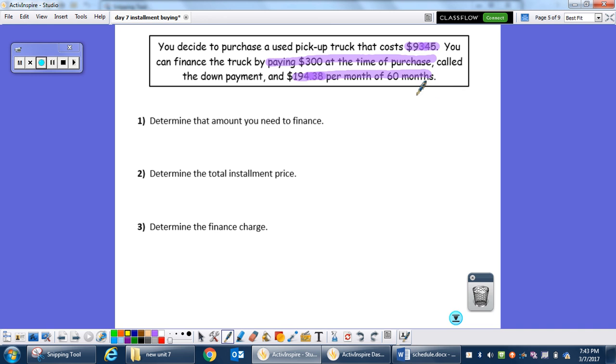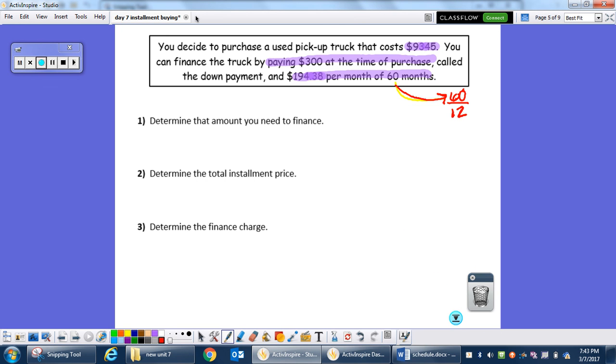So a lot of times car loans are for 5 years. So if we want to figure out how many years 60 months is, all we have to do is, just for kicks and giggles to see if it's 5, is 60 divided by 12, 5? I'm not sure off the top of my head, I don't have my calculator in front of me, and I'm not good at mental math right now.